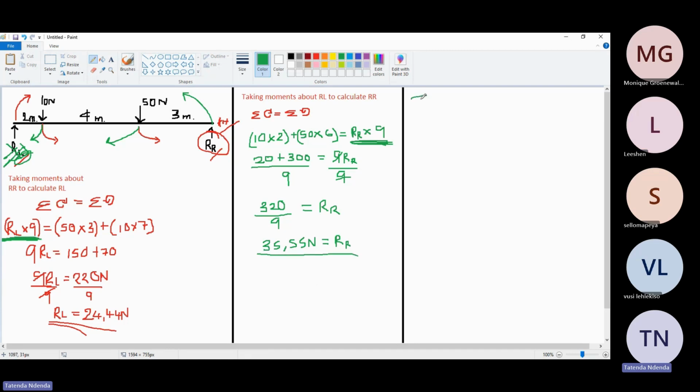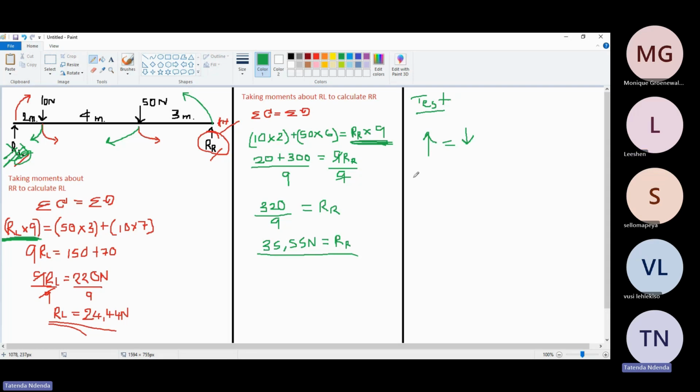So when we are testing them, we are saying our upward forces are supposed to equate to the downward forces. May I have the upward forces in this case? Is it 24.44?